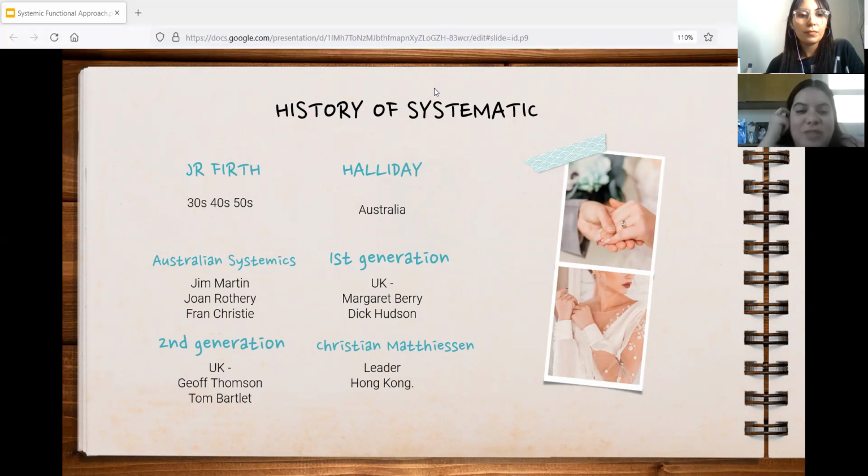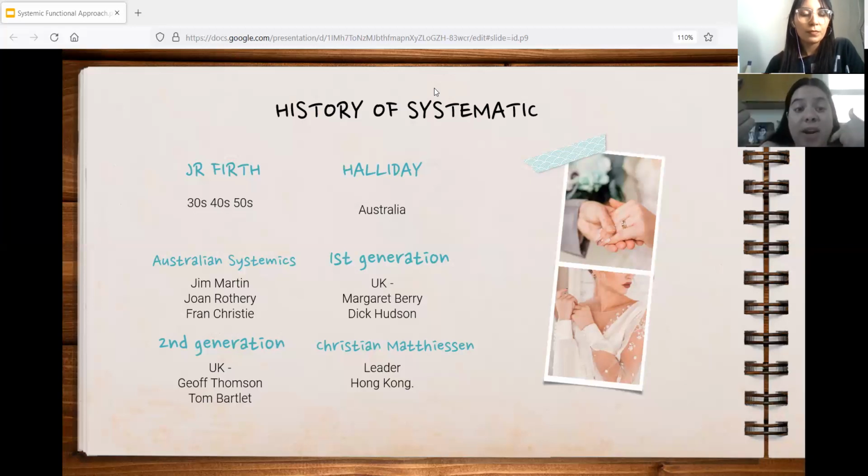SFL teaching and research also continue in the UK with the first generation of main proponents, including Margaret Berry, Dick Hudson, Chris Butler, Robin Fawcett, and others.